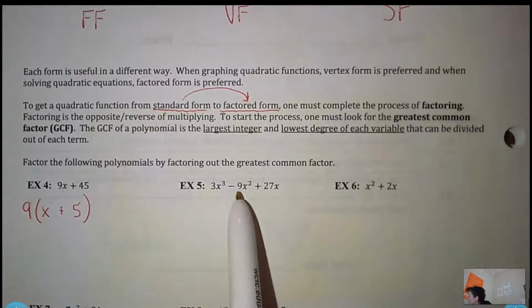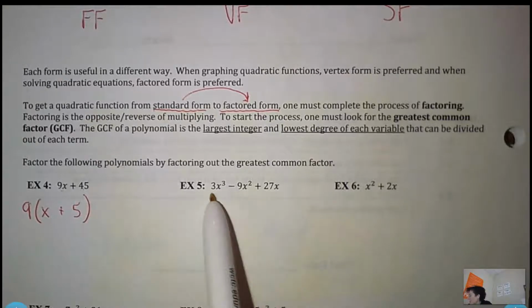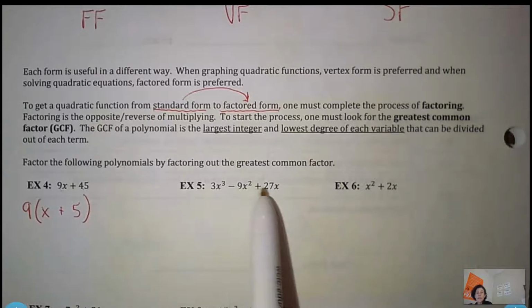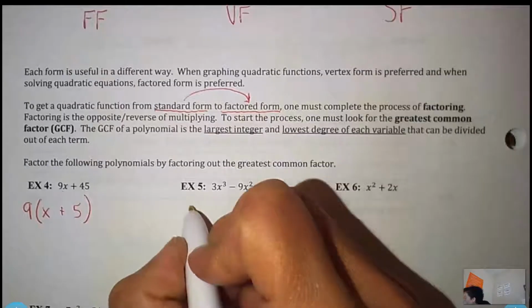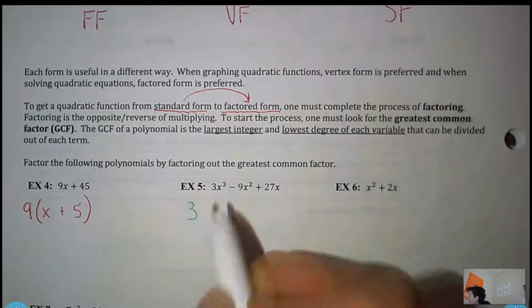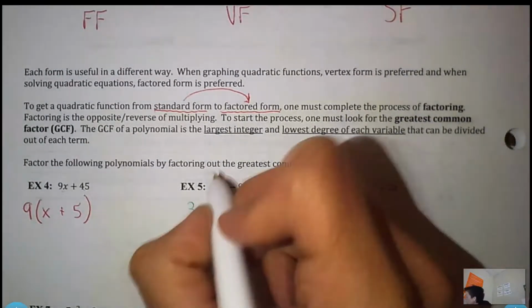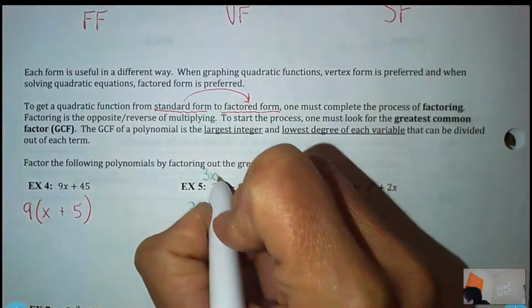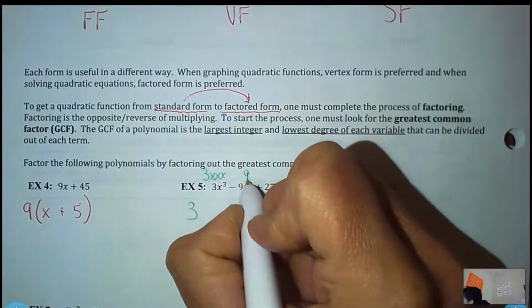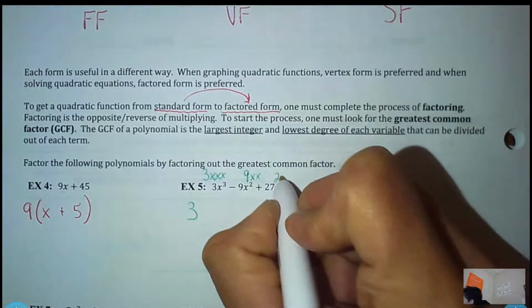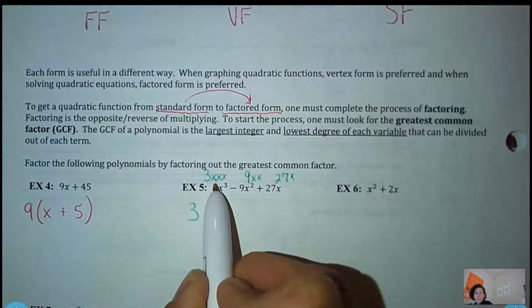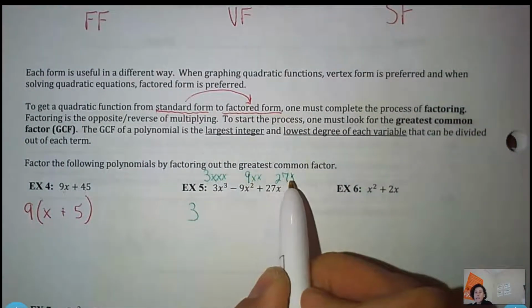So the first thing is I focus on the regular sized numbers. In this case, they're all coefficients. And I notice the biggest number I can divide into all of those is a 3. And then what I look for is how many x's can I take out from each one. So I'm just going to expand these out so you can see that this has 3 x's, this has 2 x's, and this has 1 x.